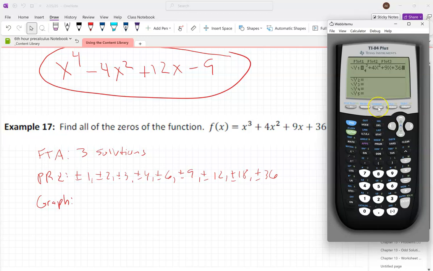And then I don't know what my window looks like, so I'm just going to do zoom standard after I've typed that in to graph it. And I see just one solution here at -4. And as I look at the graph, at this x-intercept, the graph is just passing straight through at -4.